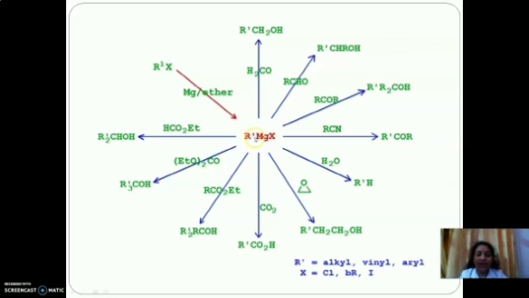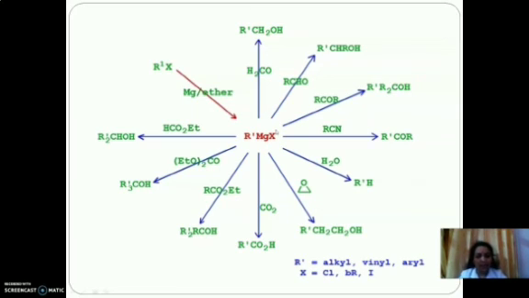So there is a covalent bond between this magnesium and carbon or alkyl group. And between this magnesium and halogen, there is an ionic bond. So there is a negative charge on the alkyl group, a positive charge on magnesium, again a negative charge on our halogen. So this compound is highly reactive.